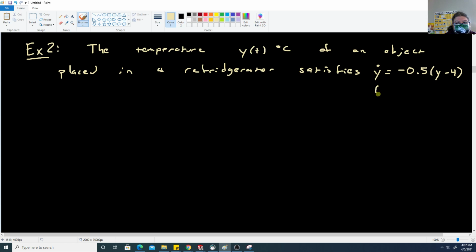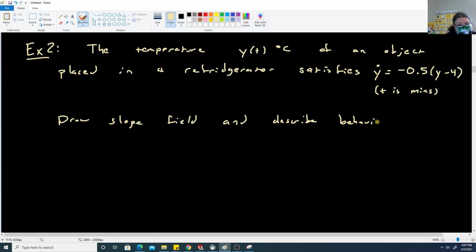And in this equation, t is in minutes. We want to draw the slope field and describe the behavior of the solutions.